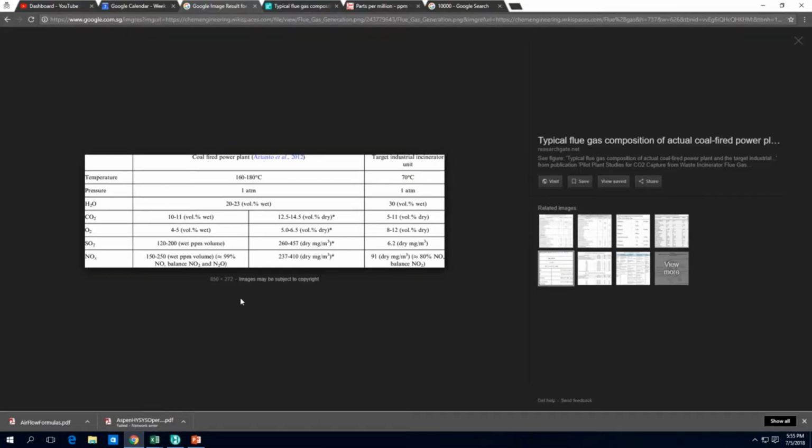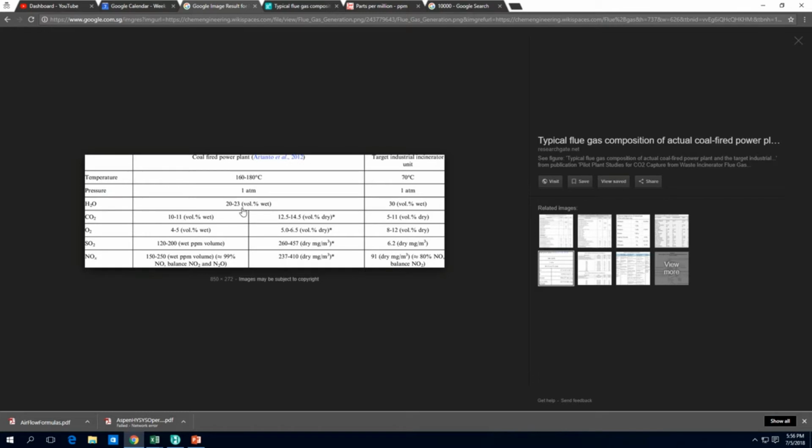We want to take a look at typical flue gas composition, and as seen here, let's say from a coal-fired power plant, the temperature of flue gas will be about 160 to 180 degrees C. Its pressure is about 1 atmosphere.